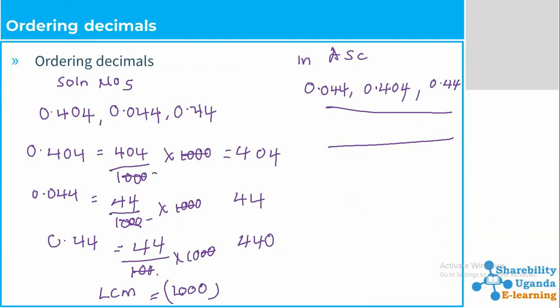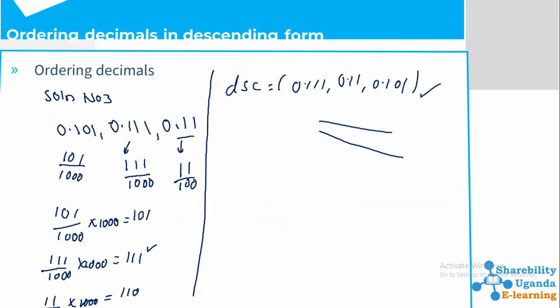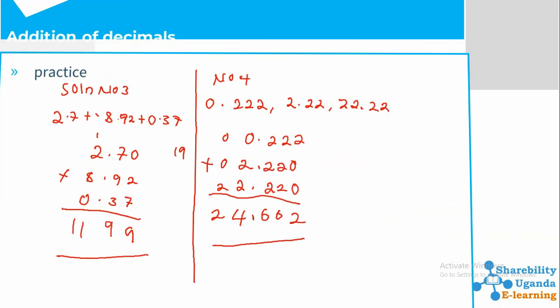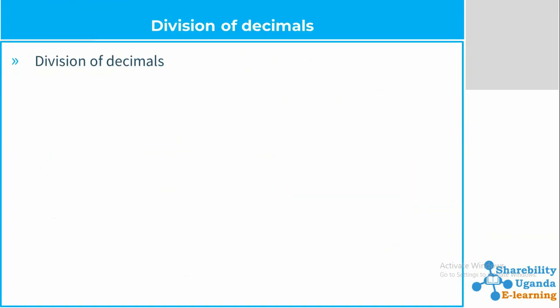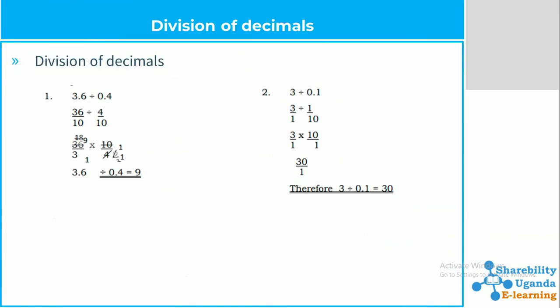Our topic today is division of what? Division of decimals. Here we are going to look at division of decimals. We see how we really solve numbers concerning division of decimals.